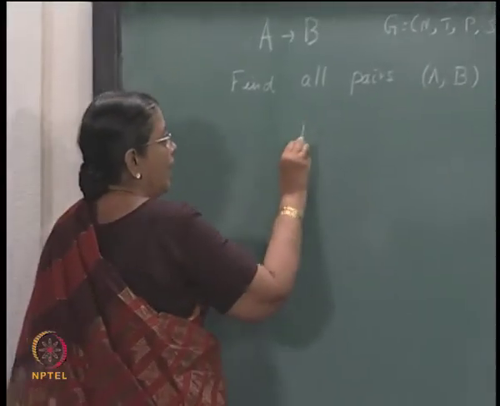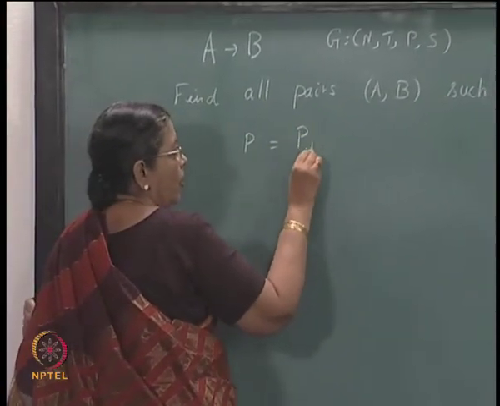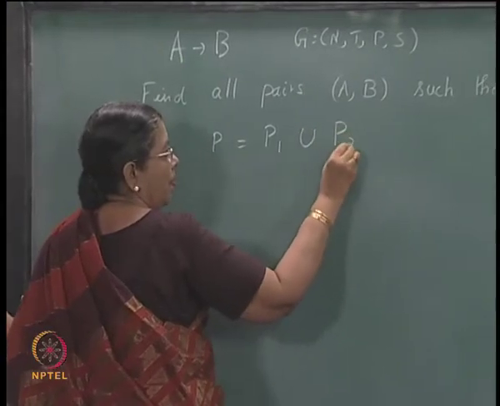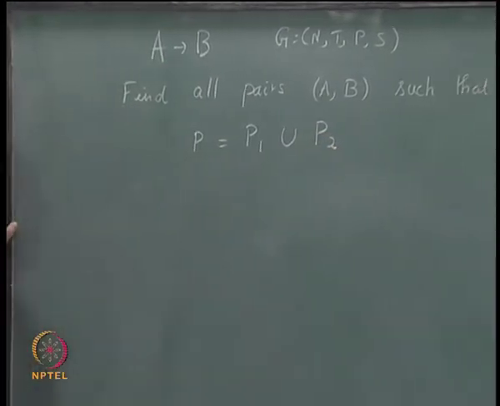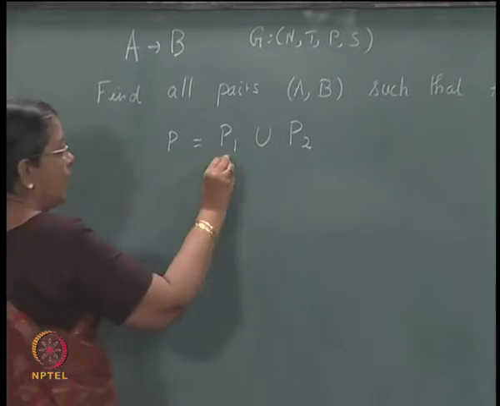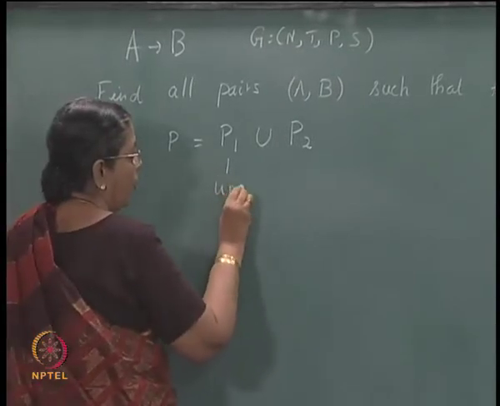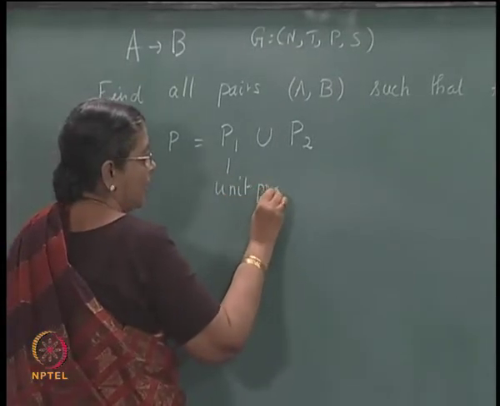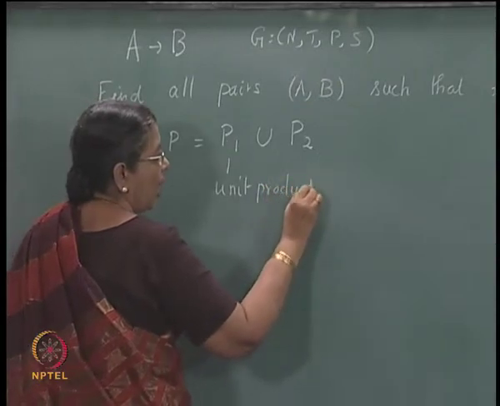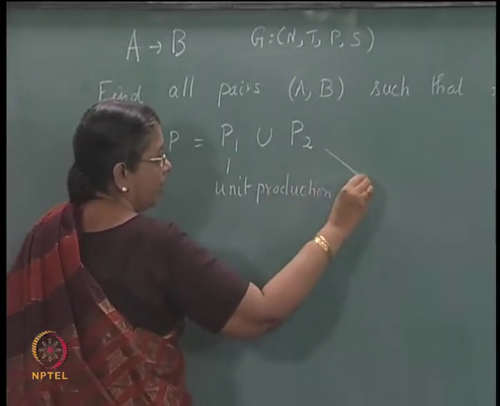Now, you split P into two sets, P1 union P2, where P1 is the set of unit productions and P2 is the other set, non-unit.